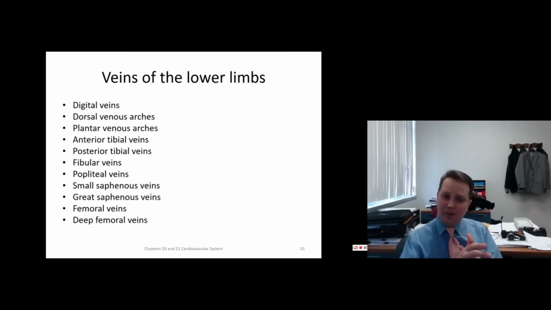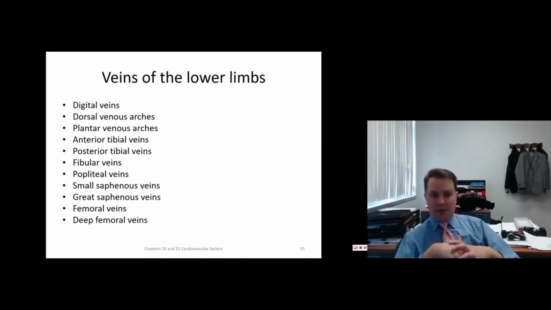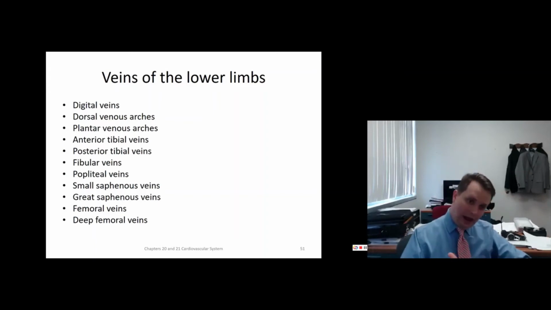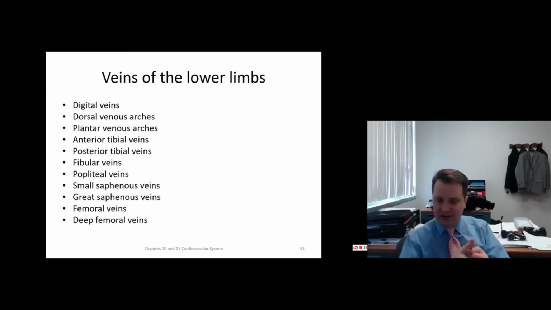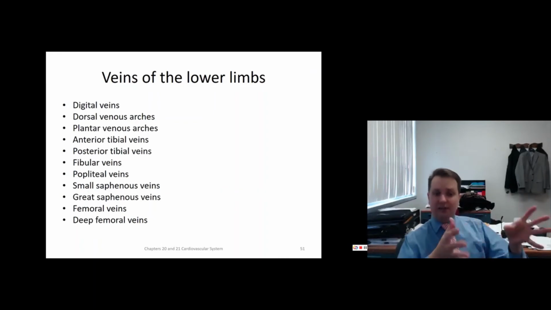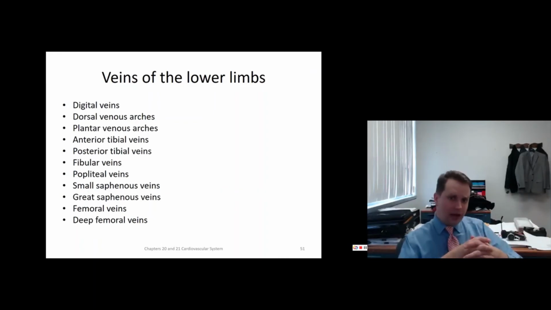We're going to see the fibular veins. We'll see how this helps form things like popliteals, and how the small saphenous versus great saphenous form in femoral veins and deep femoral veins. Like I said, I could come in and say which of these veins are in the lower limb, something like that. It could be a question on a test, so just letting you guys know.